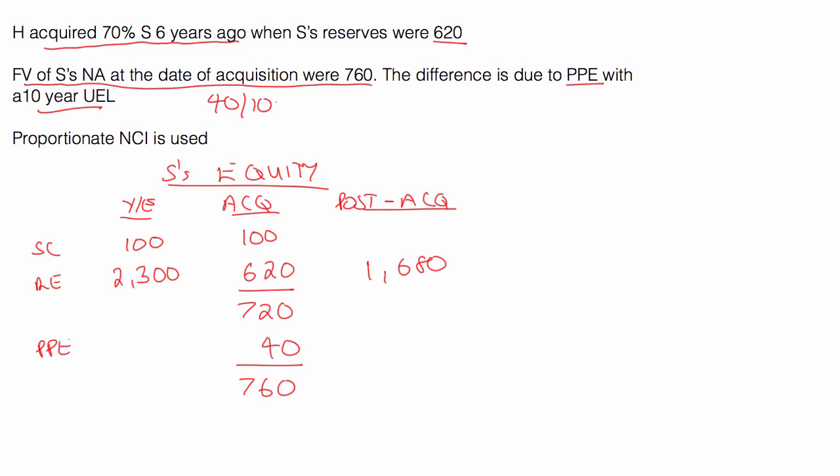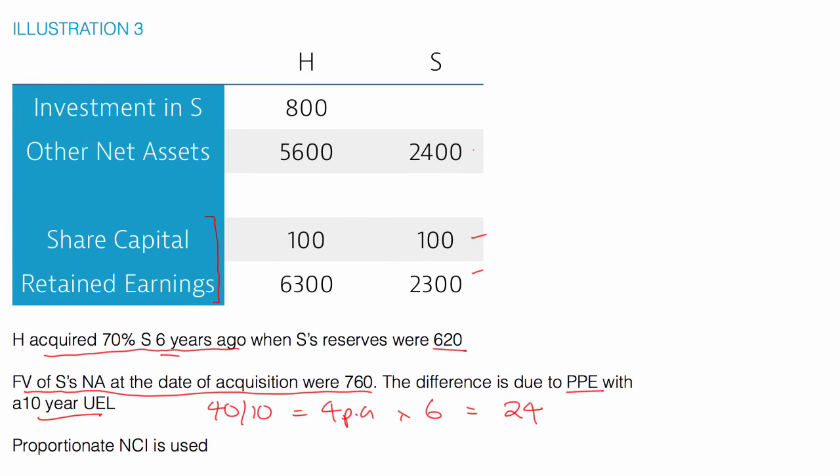So 40 over 10, depreciation is 4 per annum. How many years ago did I buy it? 6. So we would have had 4 times 6, 24 depreciation by now, which means 40 less 24, 16 would have been left in PPE. So I go to the PPE and I add in 16 there.